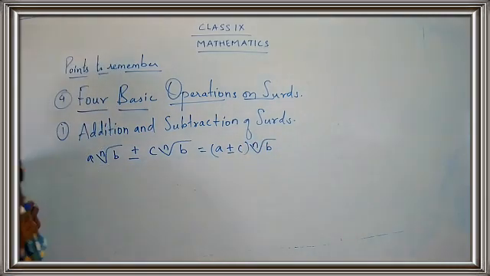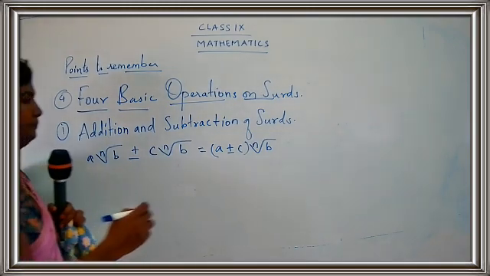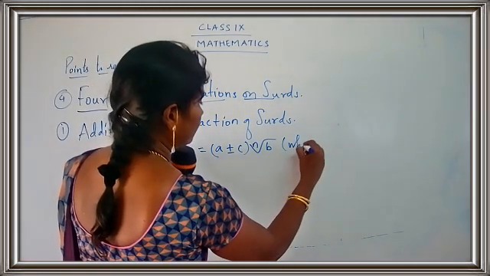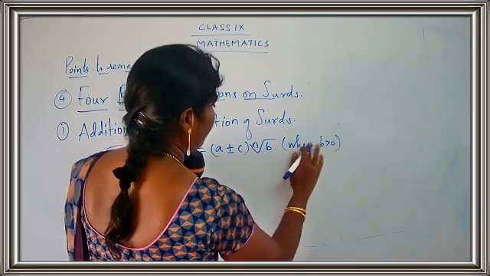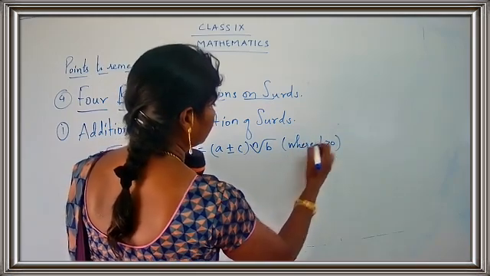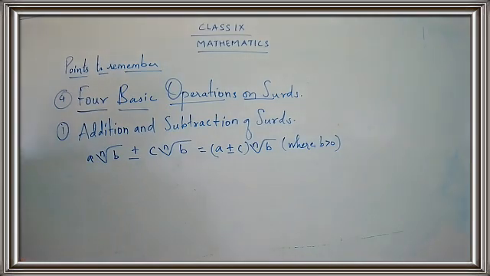Wait a minute. Rule. What is the rule? Where b is greater than 0. Addition and subtraction of surds: a into nth root b plus minus c into nth root b. How to read this?